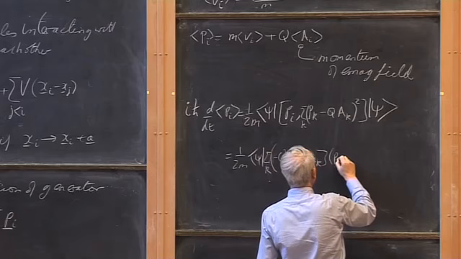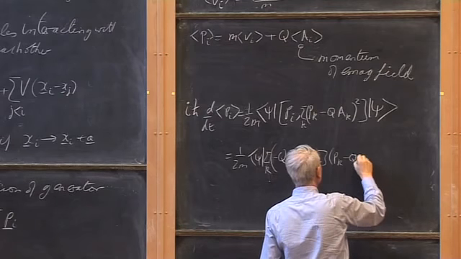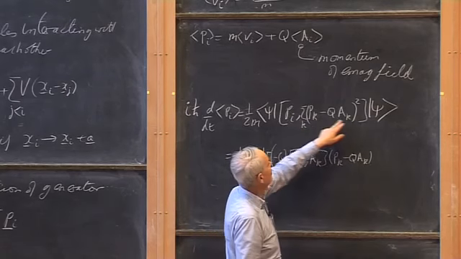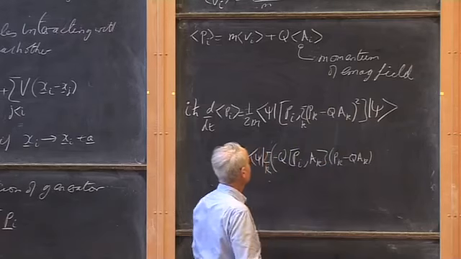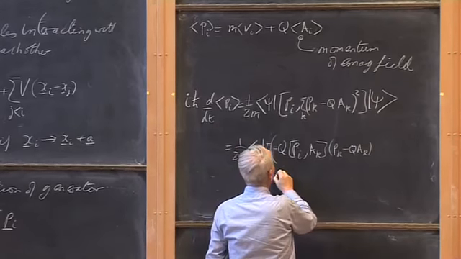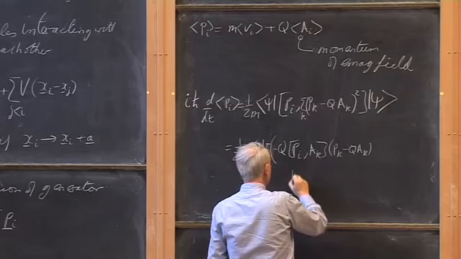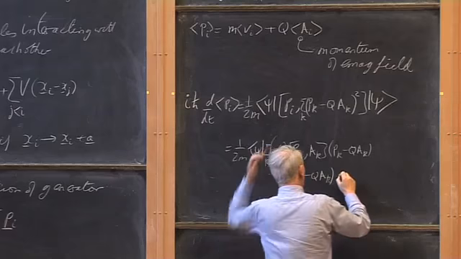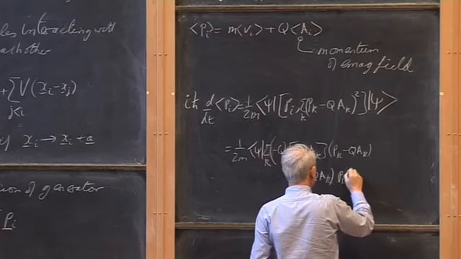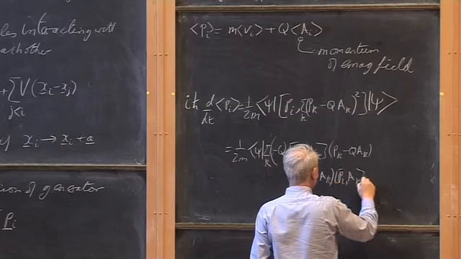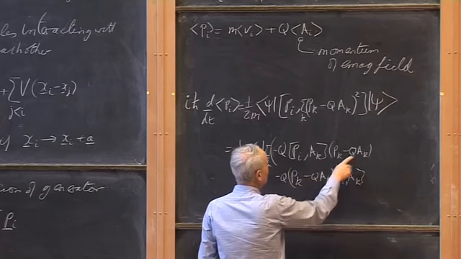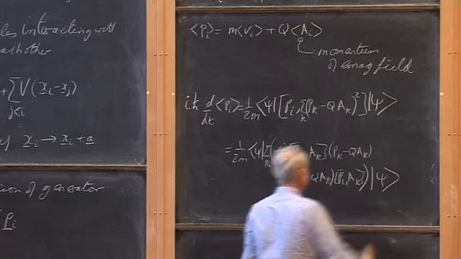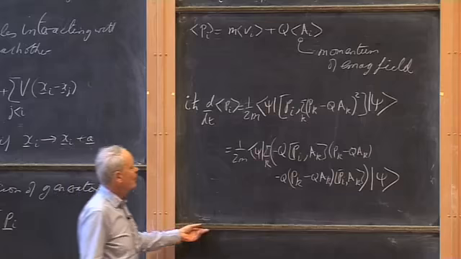Times pk minus q ak. So that's p commuting with the first of these two brackets, and then we will have pk minus q ak times the commutator of pi with ak, and a factor of minus q from here. Close big brackets, stick in another psi. So this is a disgusting mess that we have.